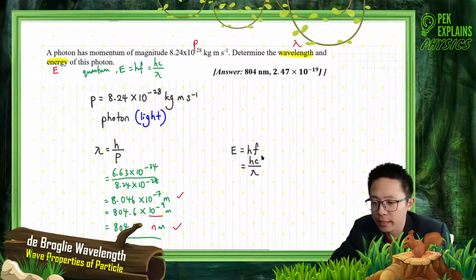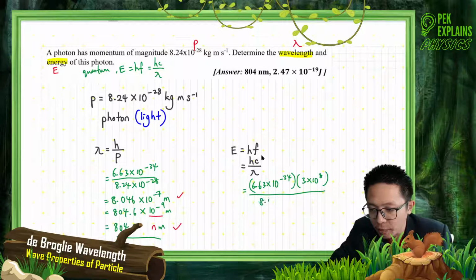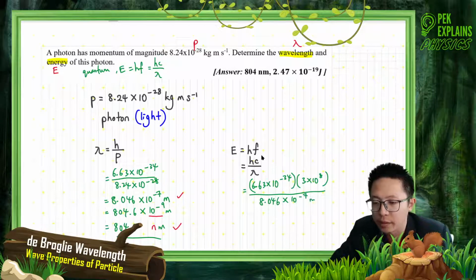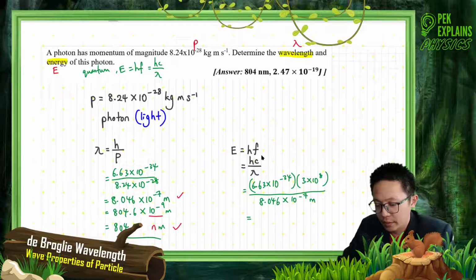Okay, so let's calculate and see. h is again 6.63 × 10^-34, multiplied by the speed of light 3 × 10^8, and lambda is 8.046 × 10^-7 meter. So what's the answer? 6.63 × 10^-34 times 3 × 10^8 divided by 8.046 × 10^-7.